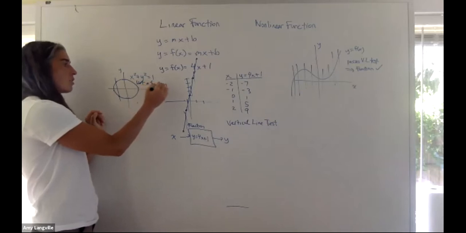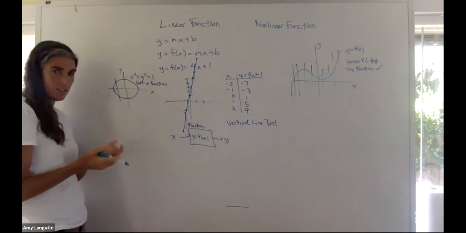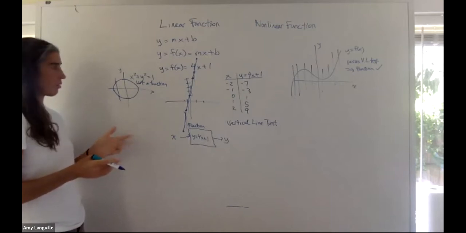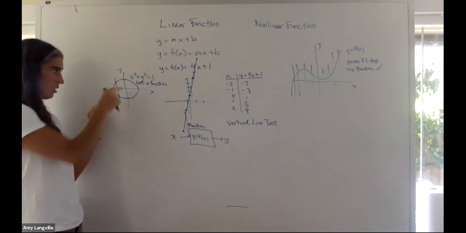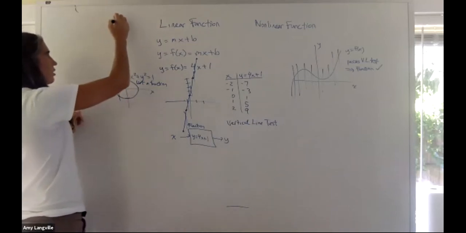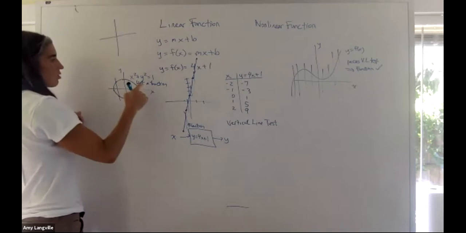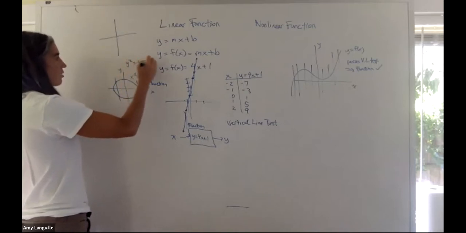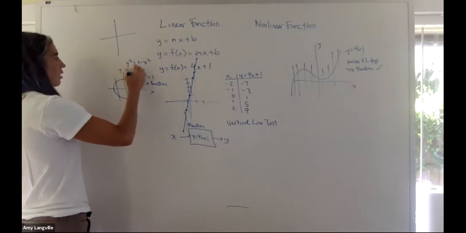Yet there are parts of it that we can analyze as a function. And so you've probably done this also in your math career. You've entered this circle into your calculator by splitting it into 2 parts. When you solve this equation for y, you got y squared equals 1 minus x squared. Y is plus or minus the square root of 1 minus x squared.